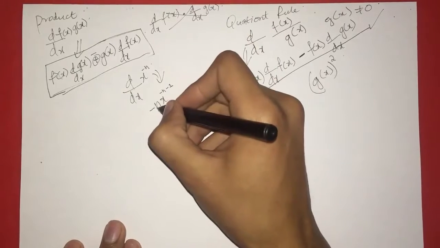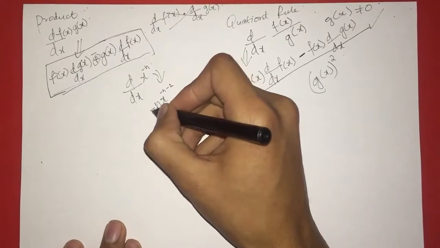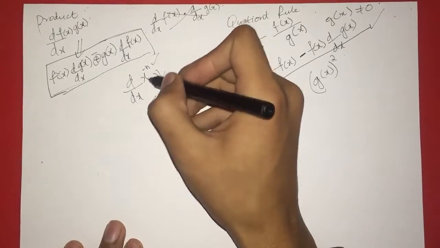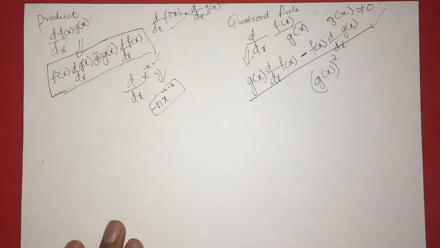So the exponent is shifted to minus when you have a negative integer or negative power of x.